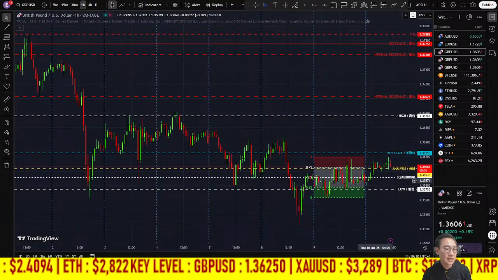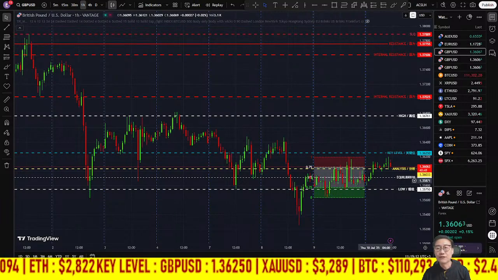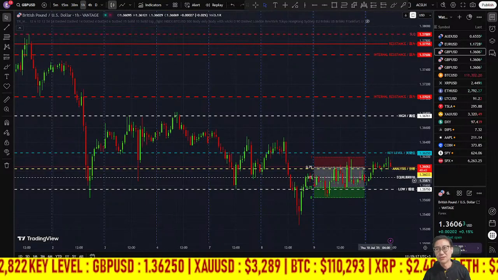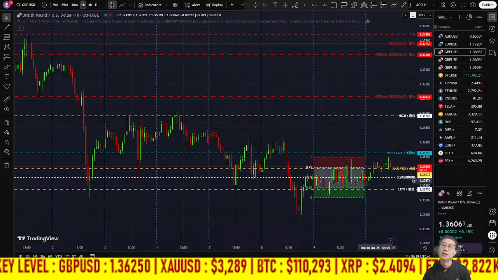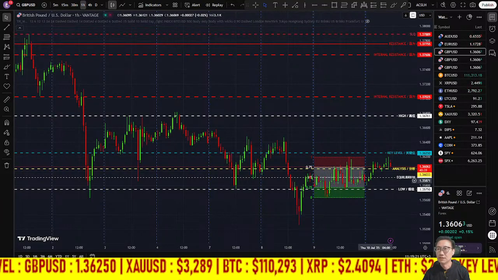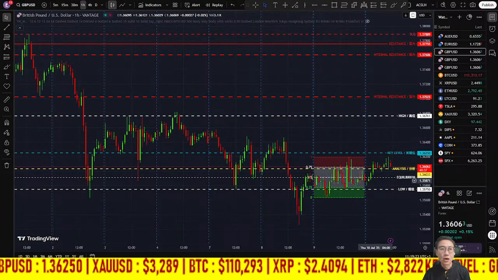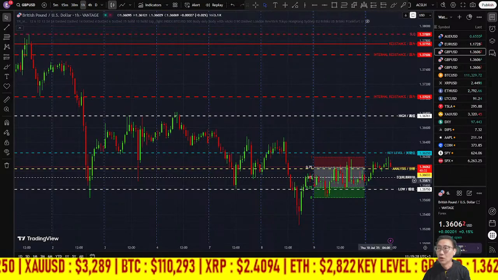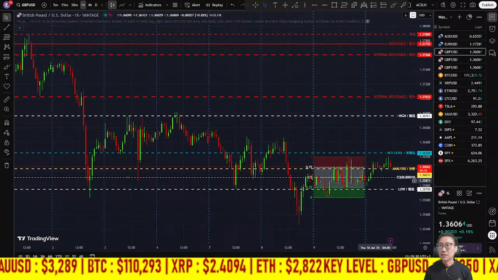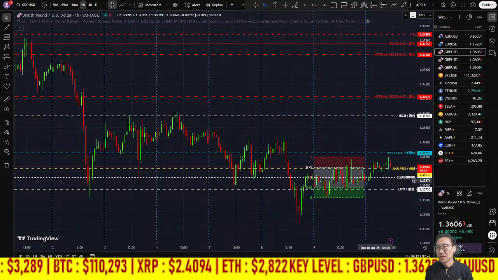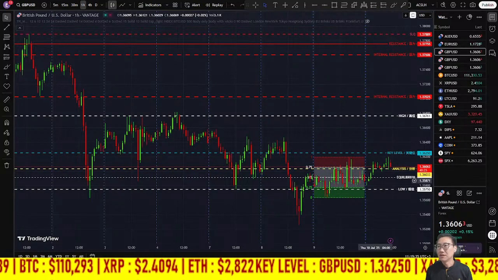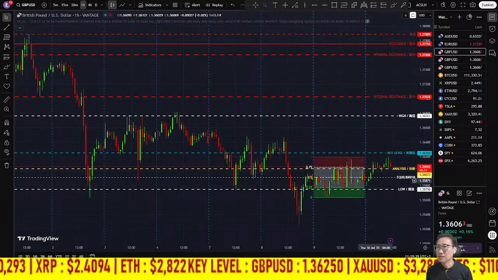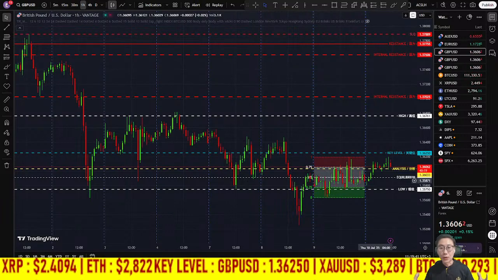Then from there, if it tests and rejects downwards, likely I'm going to go for selling from 136.250. But of course, we have to look out for a selling structure before we actually start selling, because we do not want to get a fake out and then another push above 136.250. So that is one point over here.